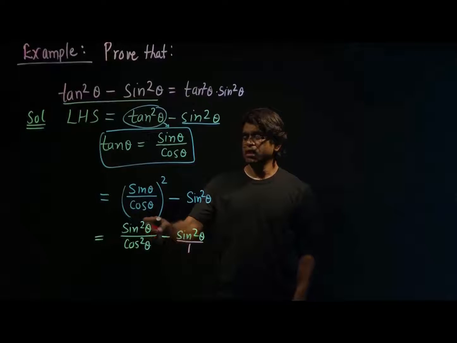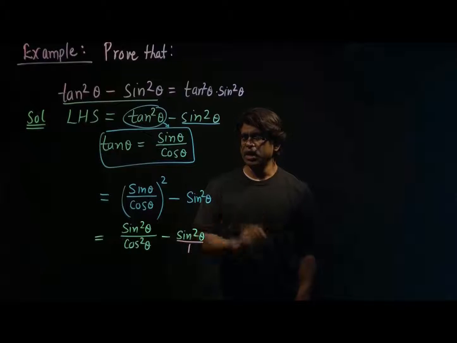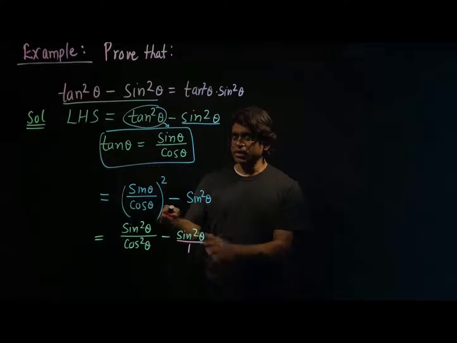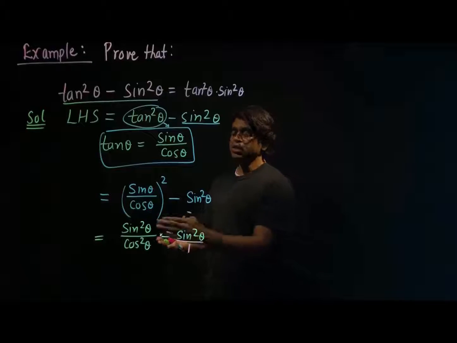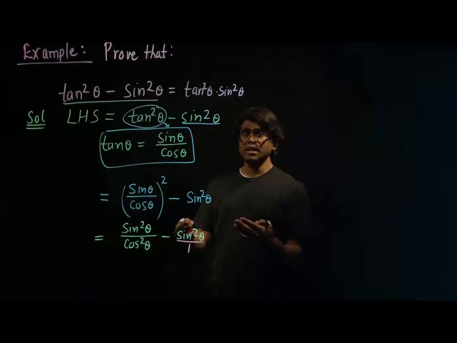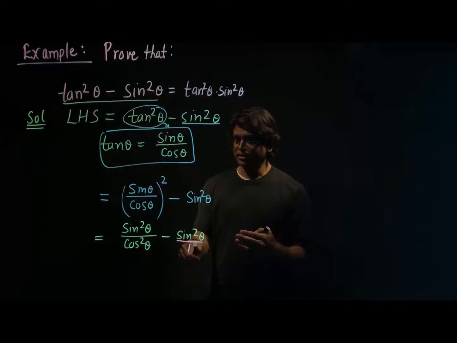Now you can see both terms are in the form of numerator and denominator. In order to add or subtract this kind of expression, I need to make sure that the denominators of all the terms are the same. So somehow I need to make both denominators the same.